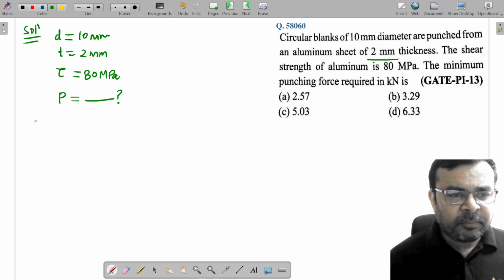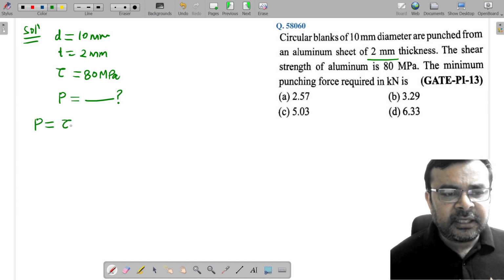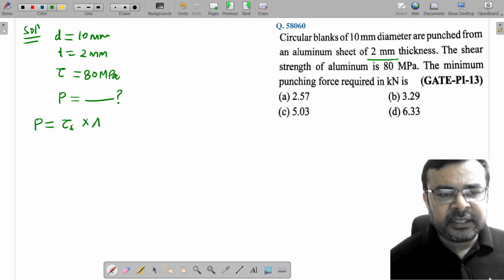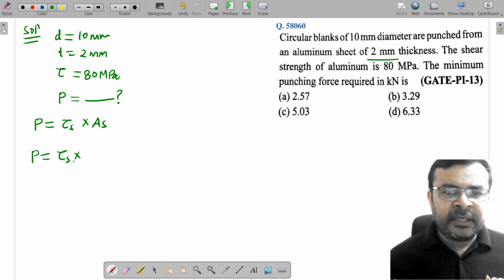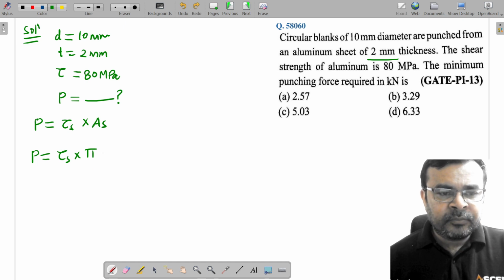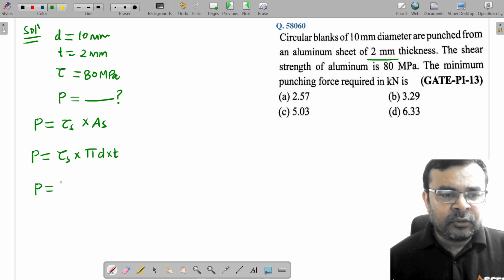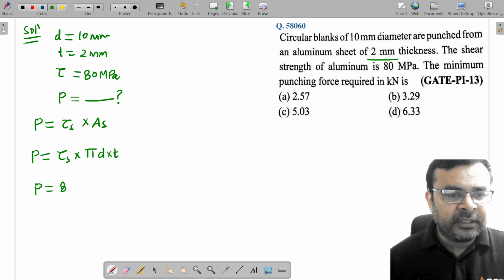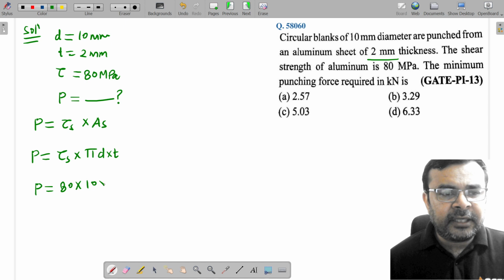Is it clear? So punching force is the strength of the sheet into shear area. And how can we write shear area? This is the circular punch. In this we need to make a circular blank. The circumference of the circular blank is pi d. The circumference into thickness gives us shear area. Now you just put all the values here. You can write 80 into pi into 10 into 2.